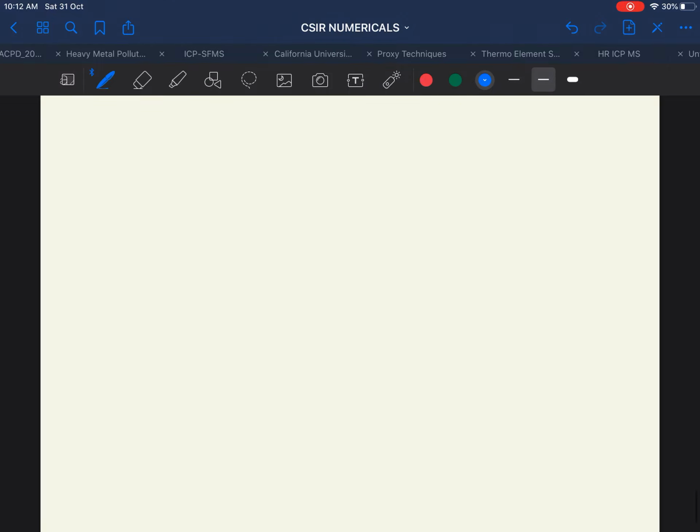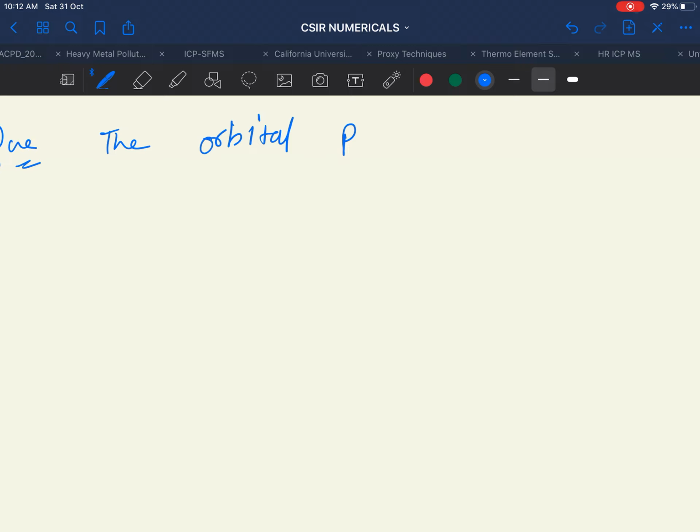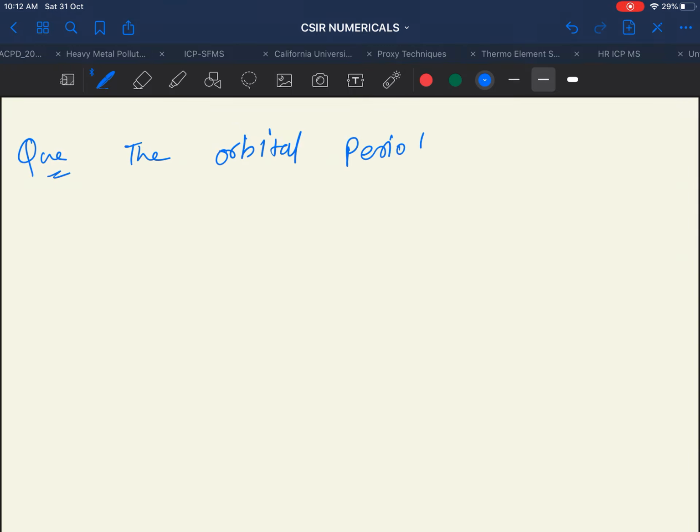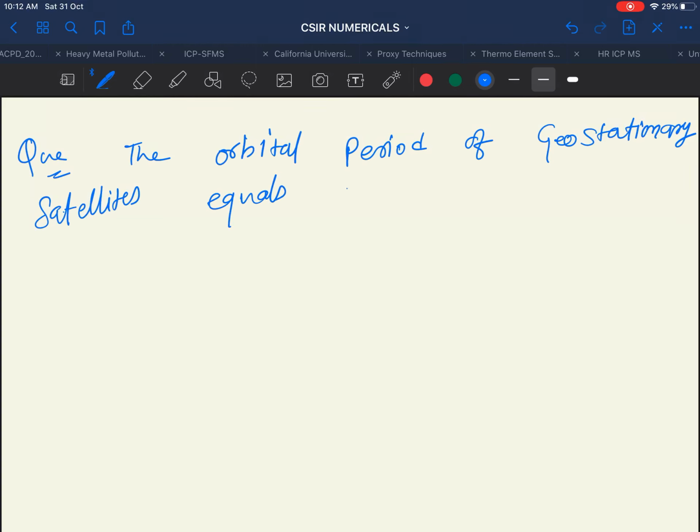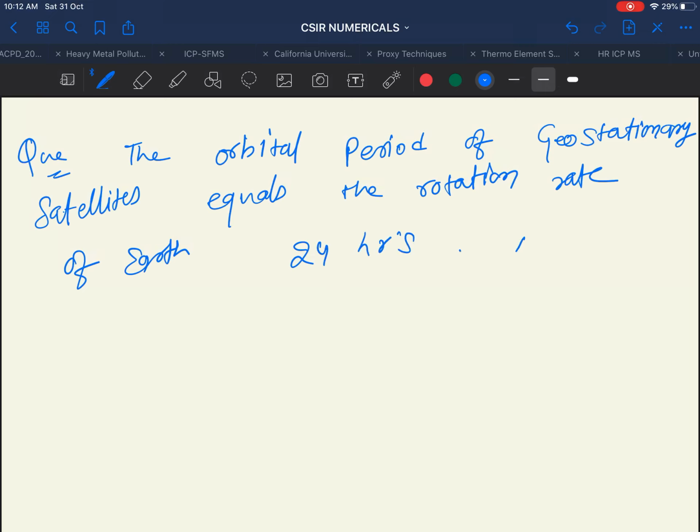The question is from the C section. The orbital period of a geostationary satellite equals the rotation rate of the earth. That is given as 24 hours.